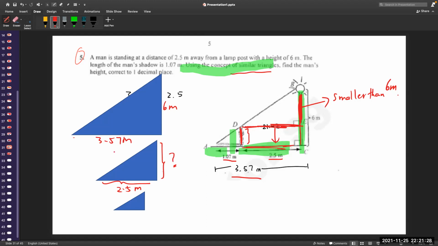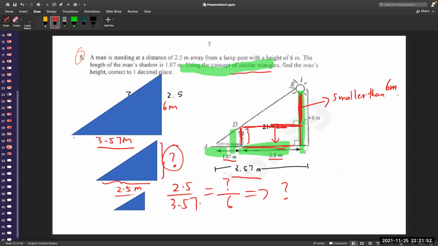How? This is 3.57. This is 2.5. So the length ratio is 2.5 over 3.57. So 2.5 meter is here, so the question mark is on top. 3.57 is this, so 6 has to be below. So what is the question mark here? Does it make sense?